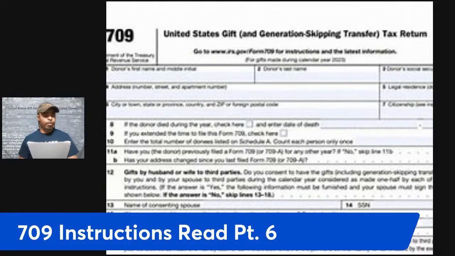All right, we're gonna start the reading. Schedule D, computation of generation skipping transfer tax. Part 1, generation skipping transfers. Enter in Part 1 all the gifts you listed on Part 2 of Schedule A in the same order, showing the same values, if values.